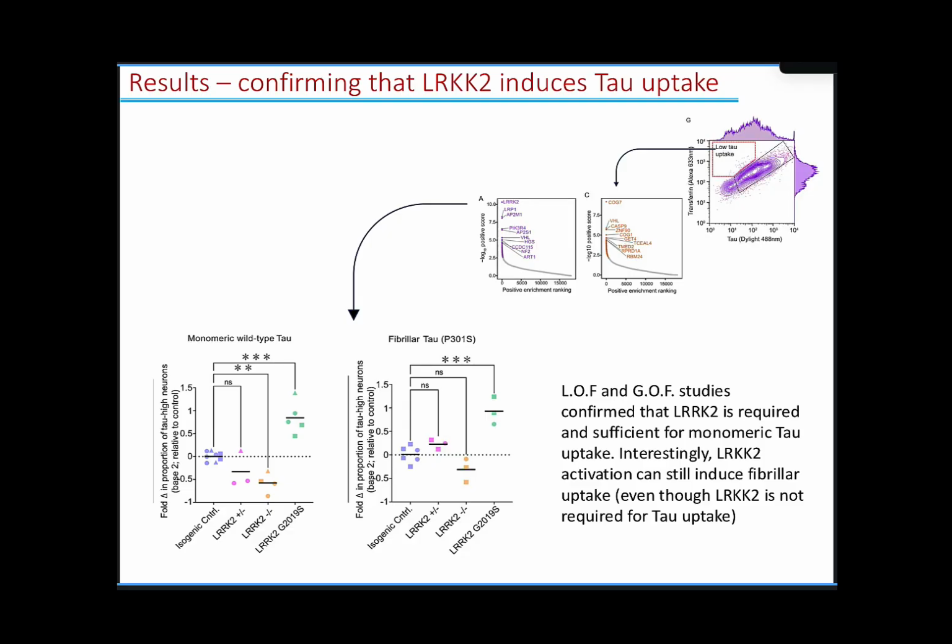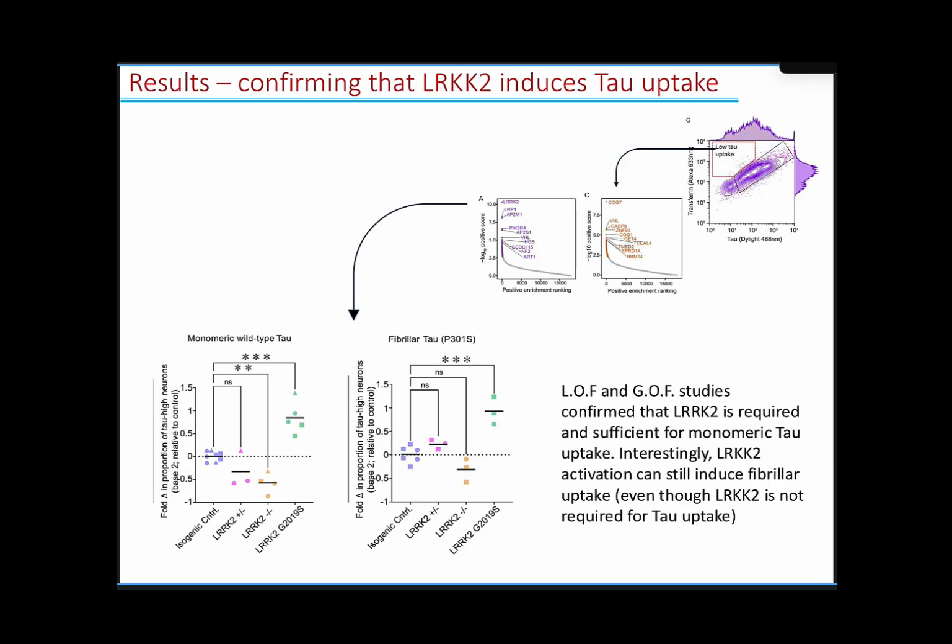With fibrillar tau, though, the story is a little different. Neither mutation, the heterozygote or the homozygote mutation, caused any significant change. I suppose we could argue all day that there may be a trend there, but the statistical analysis said that it was not significant. But when they overexpress LRRK2, they did notice a significant increase in the uptake of the NFTs, of the fibrillar form.